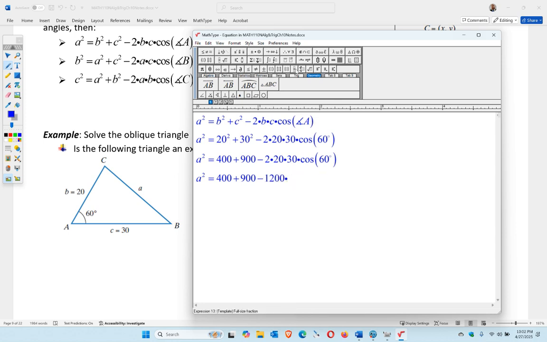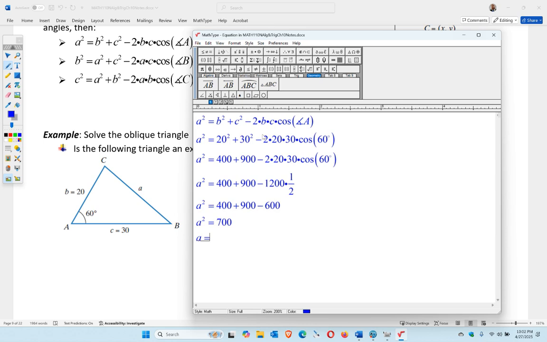Cosine of 60 is 1/2. So we did exponents, addition, and multiplication. We had some more multiplication. And now we can do the subtraction and addition. So that's going to be 1300 minus 600, which is 700.